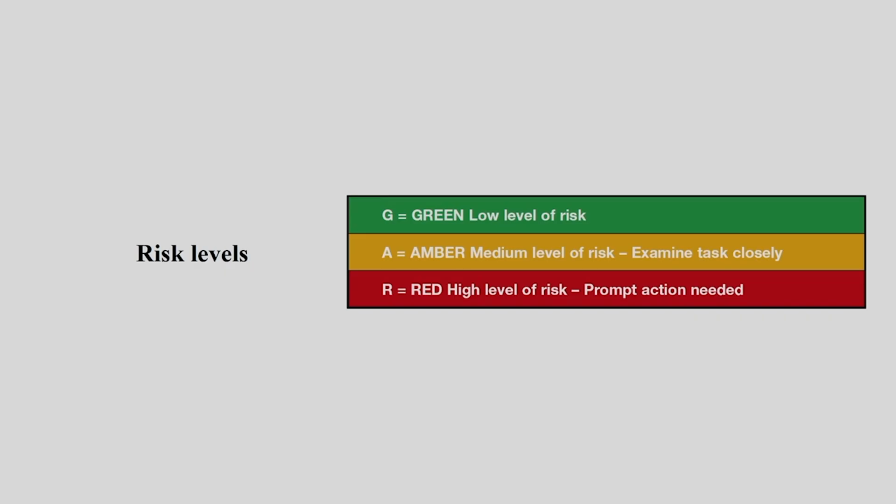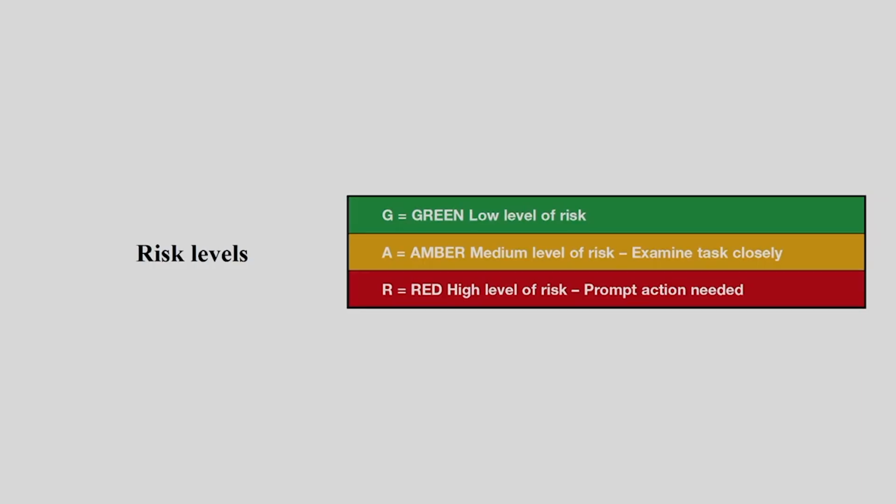These are the color codes that we are going to use. I believe you remember the color coding we used for MSC. Similar color coding is being used here as well. G, that is green, we call it low level of risk.